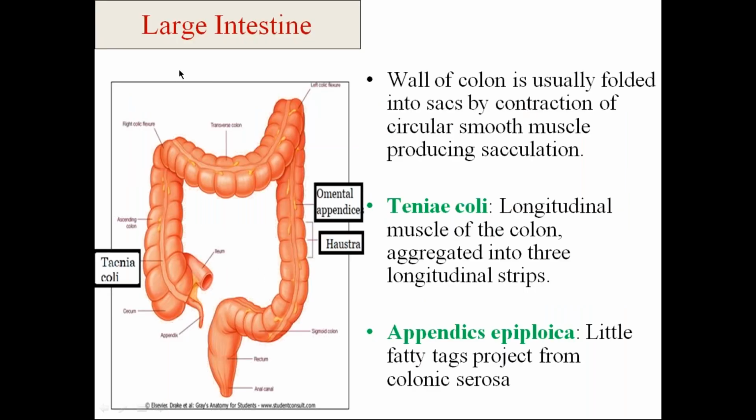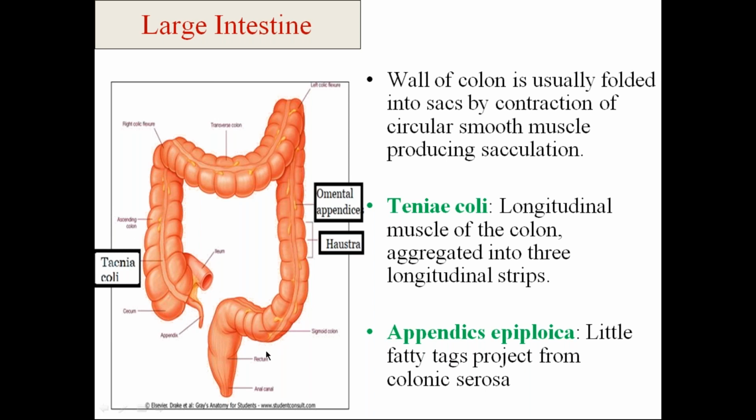So this is showing you the large intestine. In the large intestine, you have the ascending colon, the transverse colon, the descending colon, sigmoid colon, rectum, and the anal canal, right? So here you can see the longitudinal muscle layer.